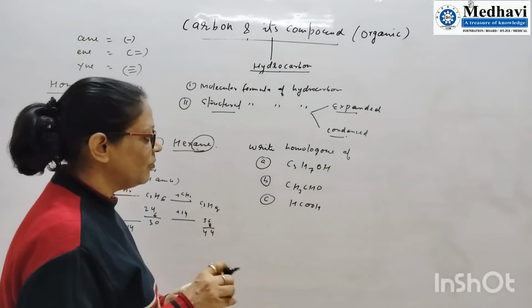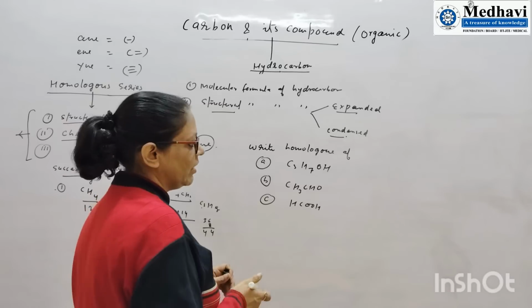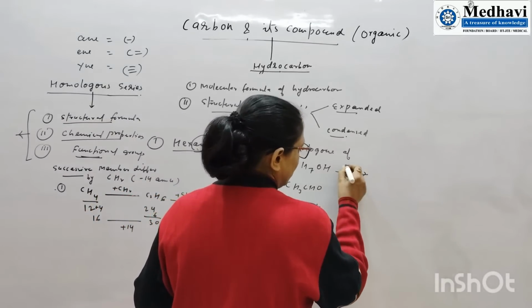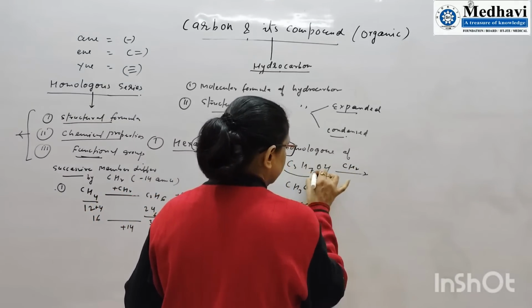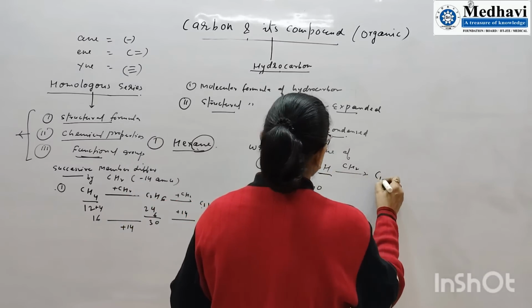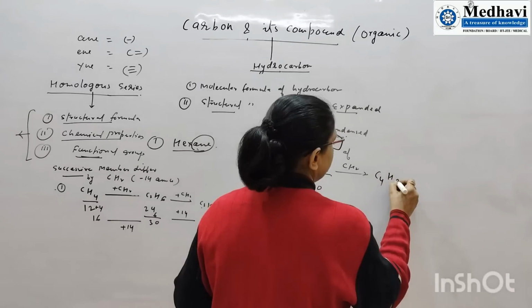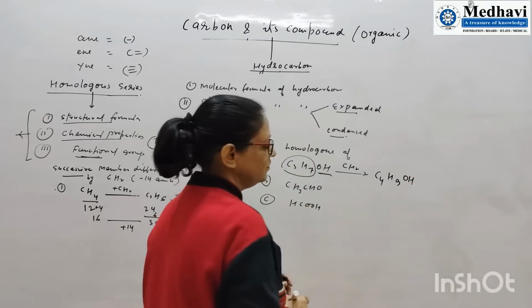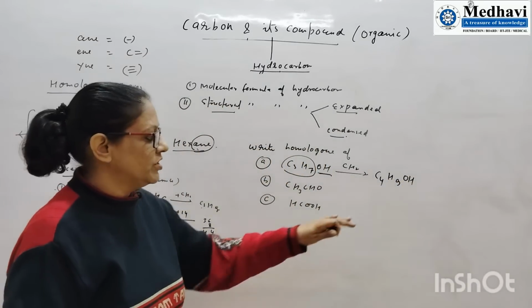I have not explained functional group yet, I will explain that. But first understand how to find the next homologue. Just add CH2 to this part. Don't use the functional group part. So it will be C4H9OH. This is butanol.